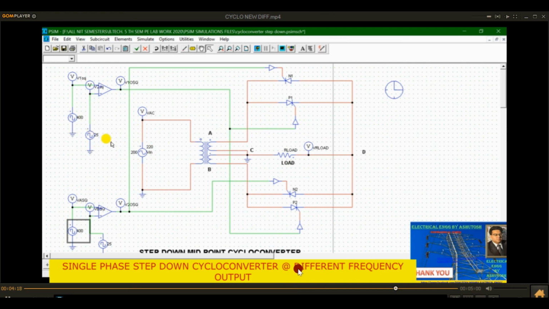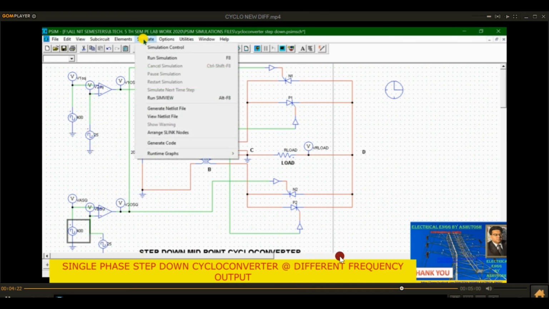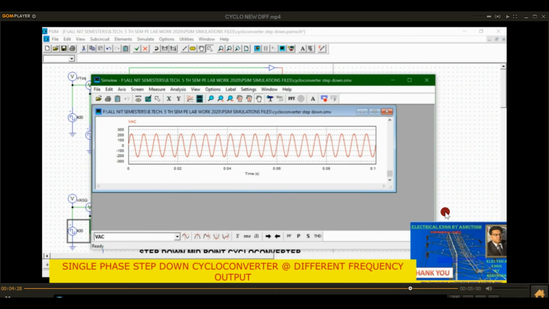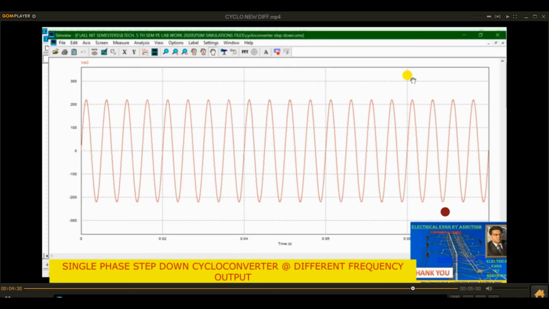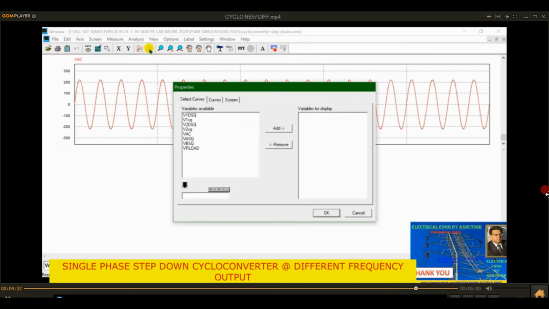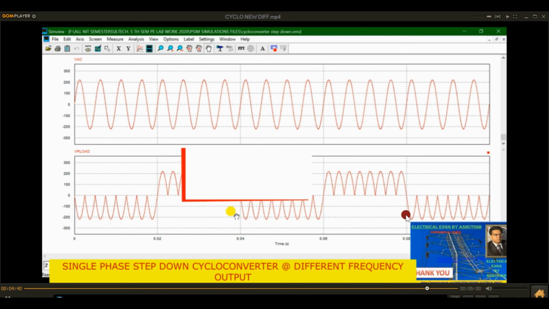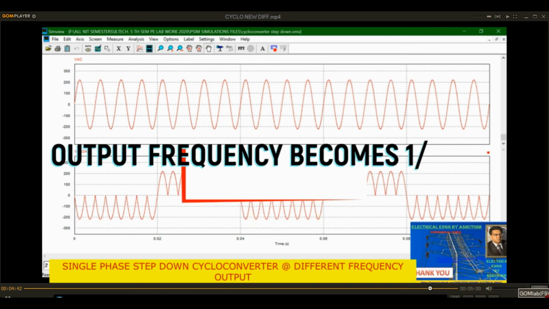Now run the simulation. So this is the AC input signal, and then see the output waveform across the load. It has become 1, 2, 3, 4, 5, 6, 1/8. Yes, 1/8. The output frequency becomes 1/8.